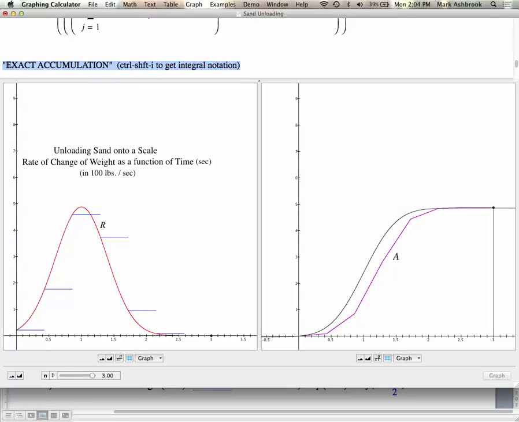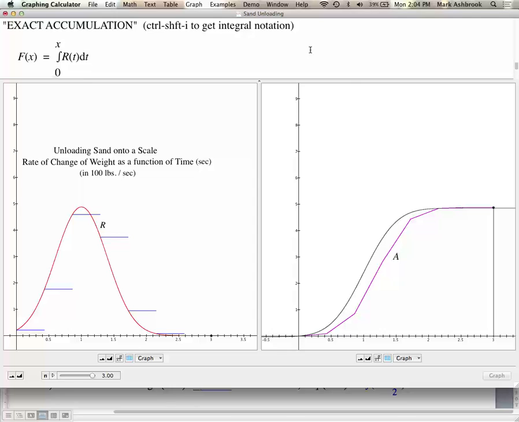To get integral notation on Graphing Calculator, Control-Shift-I. And here's what I graphed in black there on the right: F(x) equals the integral from 0 to x of R(t) dt. Based on the rate function, the red one that I'd already defined, it's now making a new function, capital F, from 0 to x of R(t) dt, and that's the black one that I'm graphing on the right.